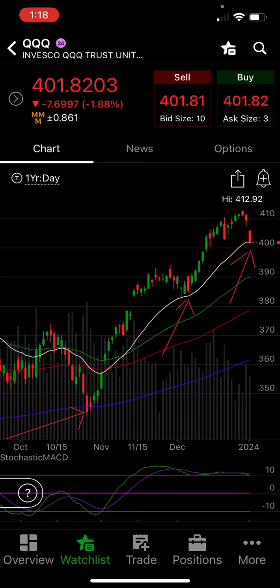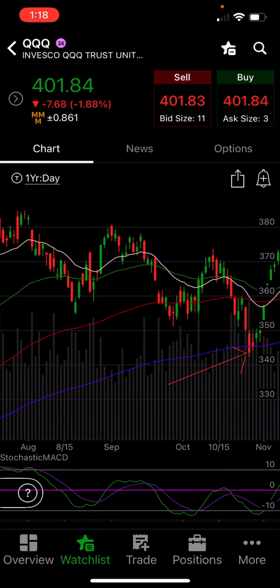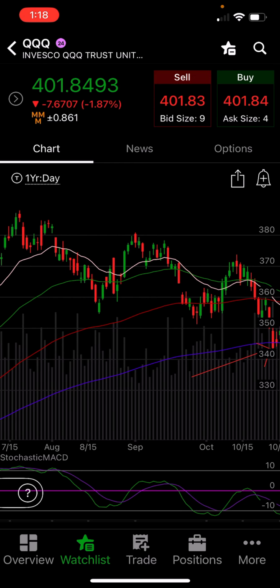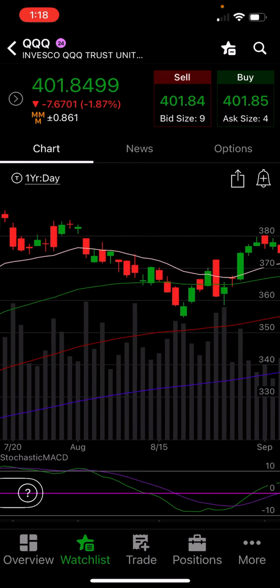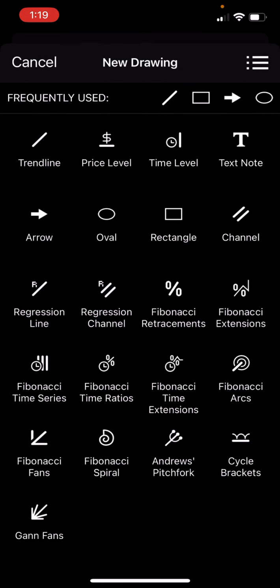Now, this is not a guaranteed system, as nothing in the stock market is guaranteed, but it just gives you an opportunity. It shows some areas where a touch and a hold may have failed. Here we go. Way back here in August, we had a touch and a hold. Let me draw a line here to show you.